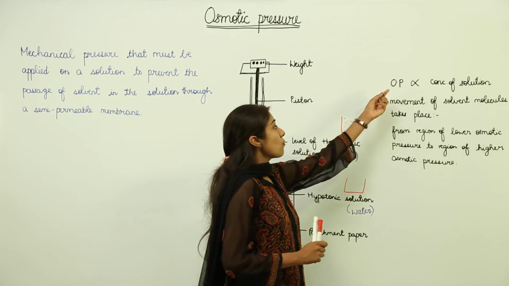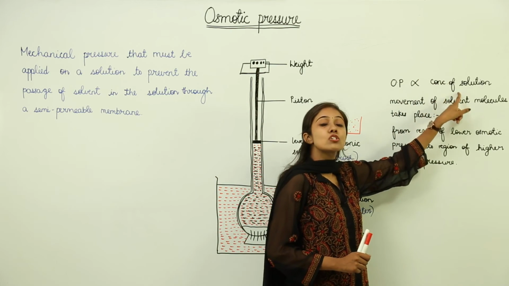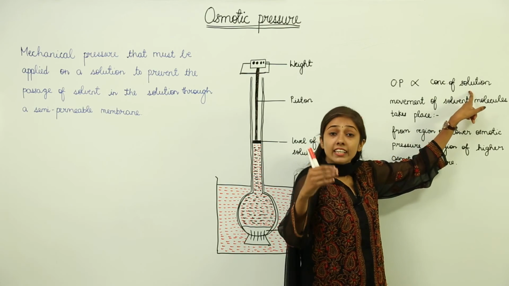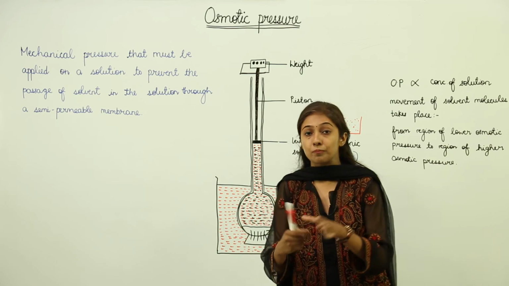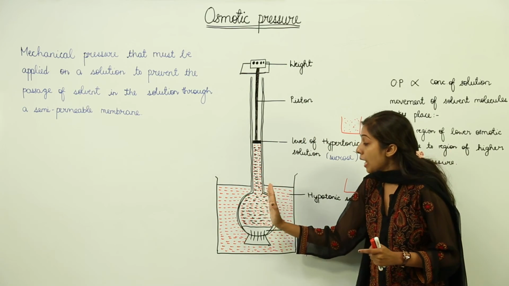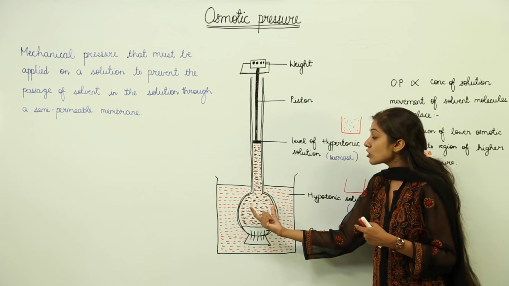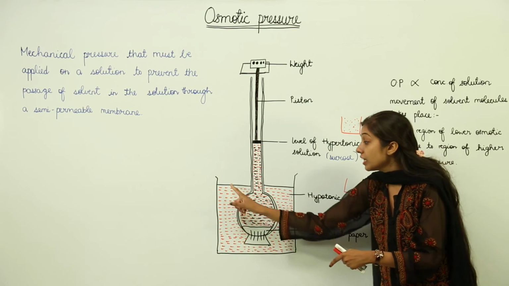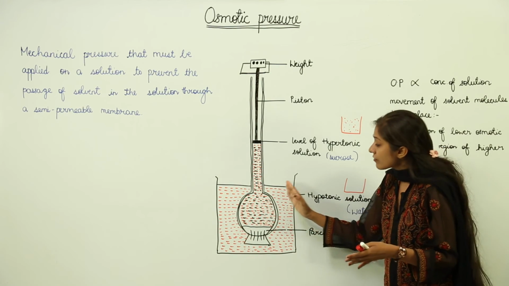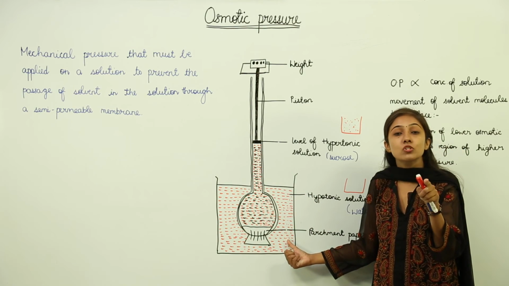So, this osmotic pressure is actually directly proportional to the concentration of solution, means greater the solute particles, greater is going to be the osmotic pressure. Since this hypertonic solution contains more number of solute particles, means the osmotic pressure is more in the Thistle funnel, and in this beaker we have simply taken pure water. It means that the osmotic pressure is going to be low.